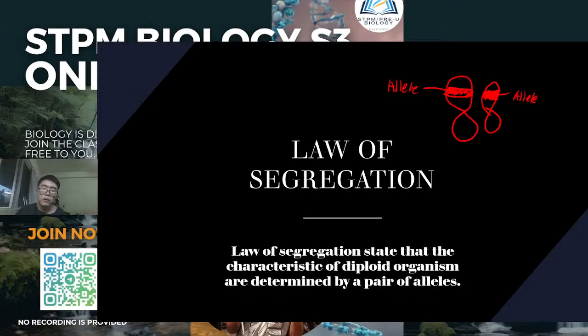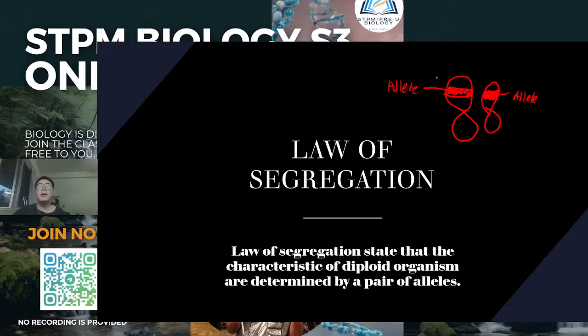Mendel stated that the characteristics of a diploid organism are determined by a pair of alleles. A diploid organism, like a human, has a pair of chromosomes that contain similar genetic information controlling the same characteristic. The difference is that the trait may be different.